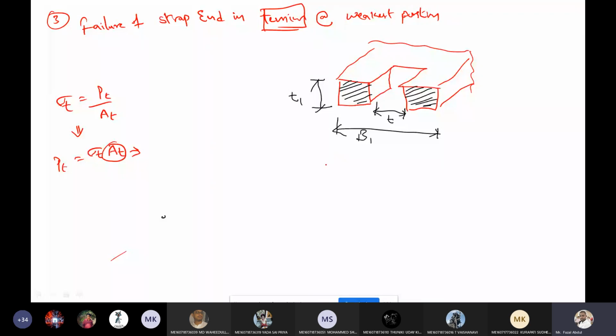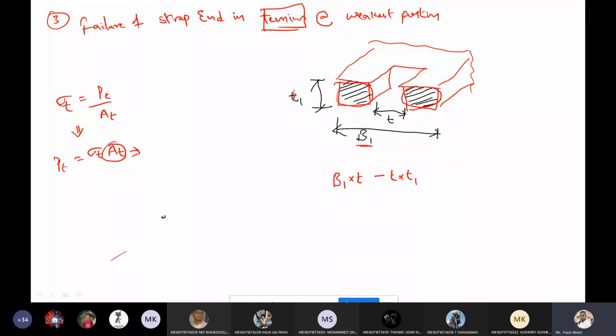The failure area I am writing here: total B1 into T minus T into T1.